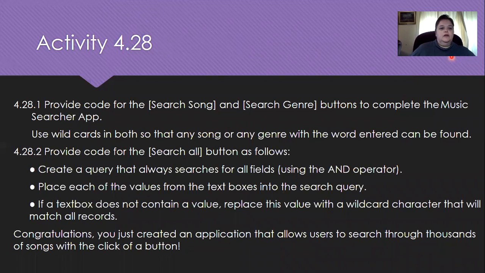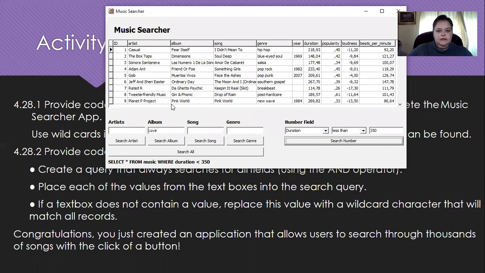Okay, so 4.28.1, provide code for the search song and search genre buttons to complete the music searcher app. So let's just quickly look at our app again. These two, we've done artist and album. I want you now to go and code the search song and search genre.